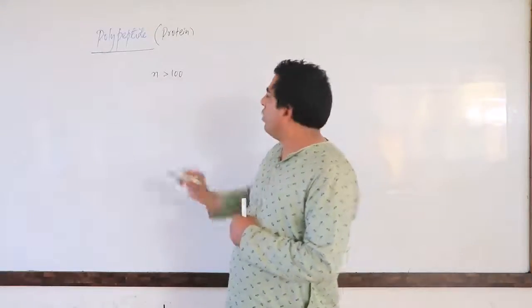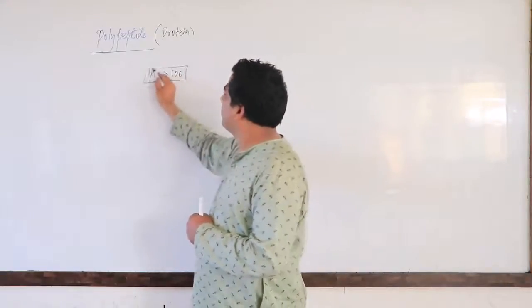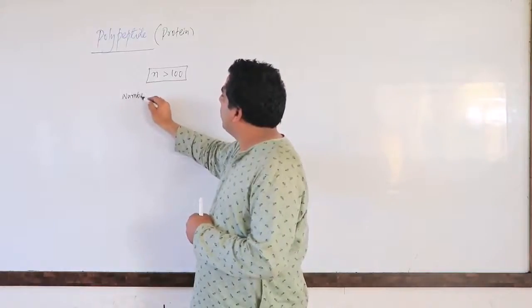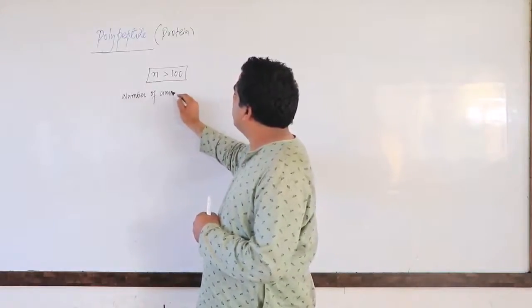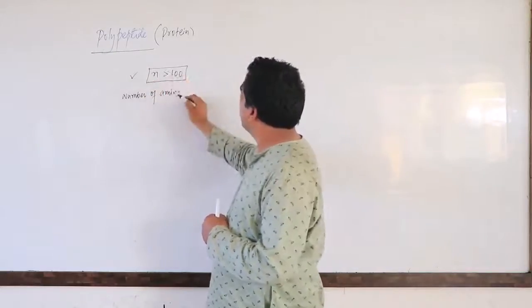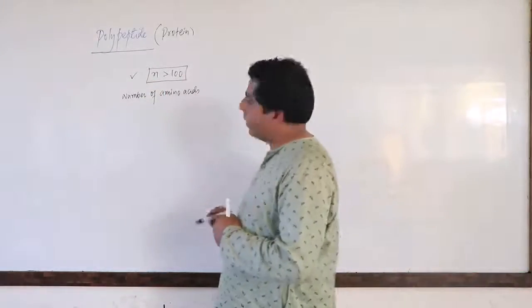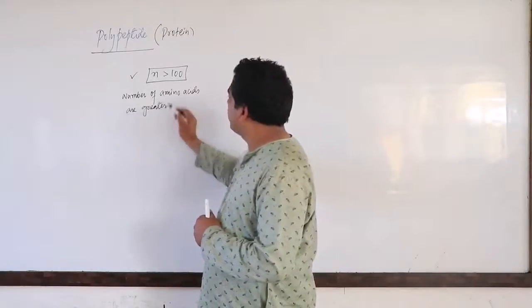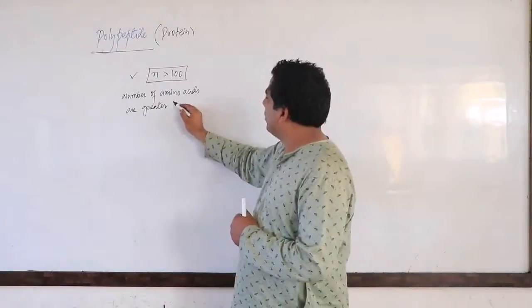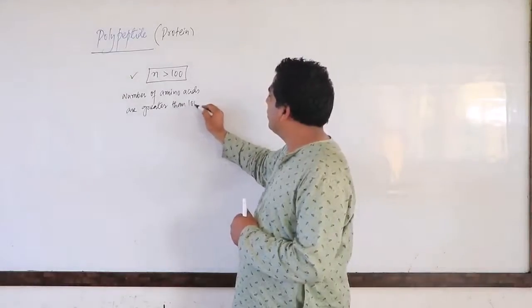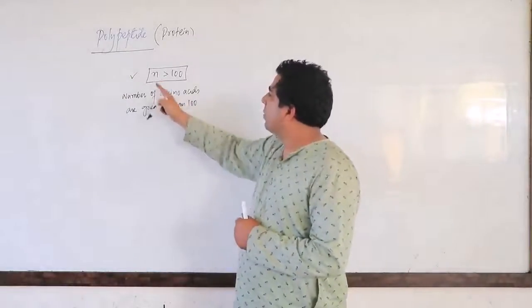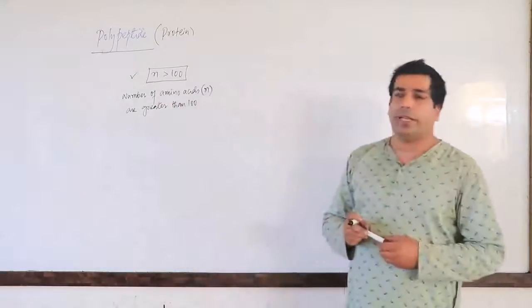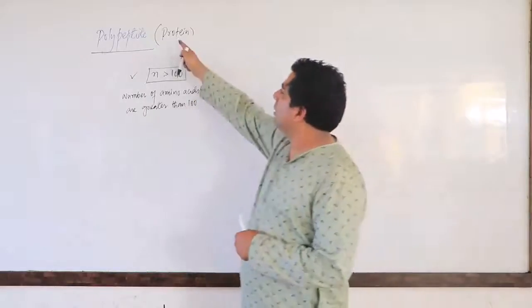So N, the number of amino acids, is greater than 100, so it will now be called a protein.